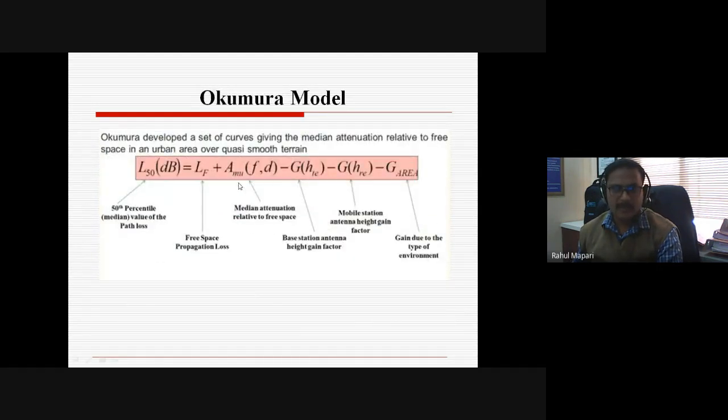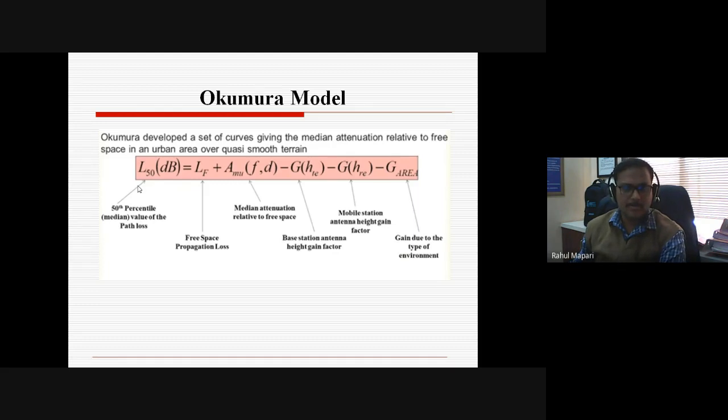Plus AMU, it is the attenuation related to free space. How it can be calculated, we will see in the next slide. Minus GHTE, where T is the transmission: it is the gain of the transmitting antenna, minus the gain of the receiving antenna, minus the gain of the environment. Make a box for this equation, it is a very, very important equation.